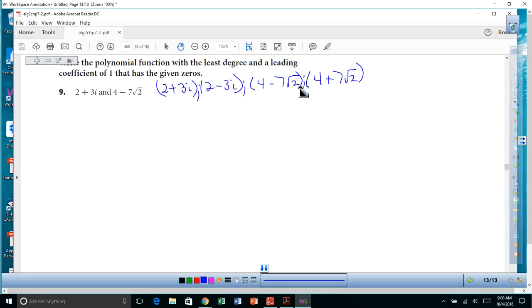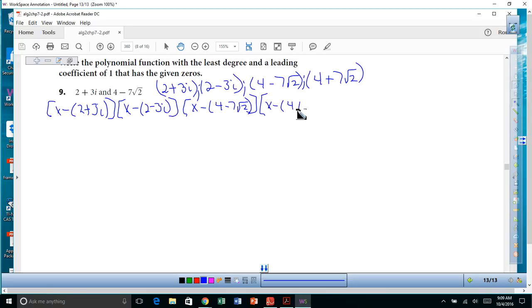So it's going to be x minus 2 plus 3i, multiplied by x minus 2 minus 3i, multiplied by x minus 4 minus 7 times the square root of 2, multiplied by x minus 4 plus 7 times the square root of 2.